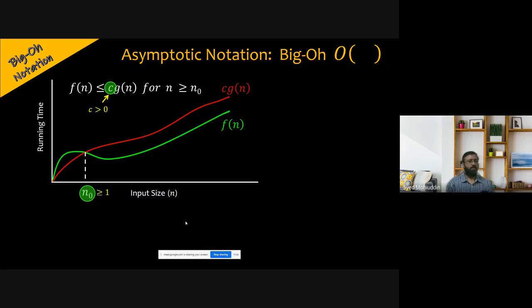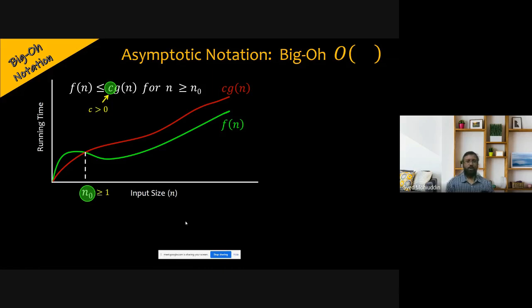Now we have talked about why c is greater than 0. It's not equal to 0. If it is, whatever function you have, g of n, will become 0. C is always greater than 0. N0, or input n, is greater than or equal to 1. Why? Because n is the input, so n0 will also be an input.